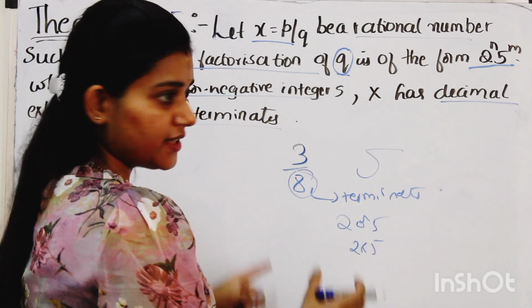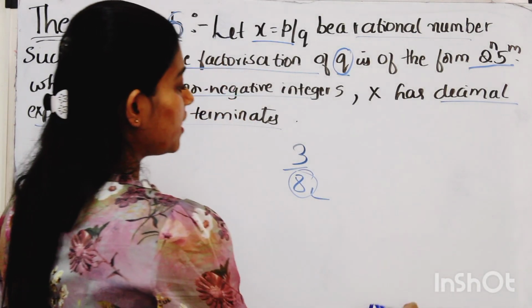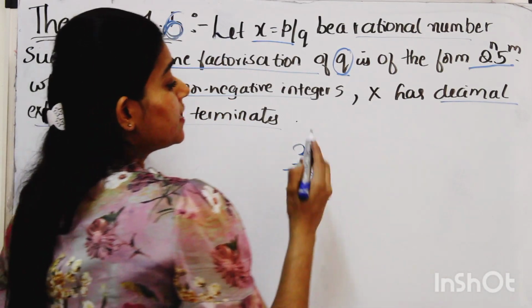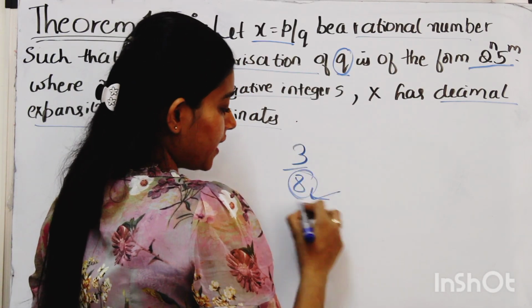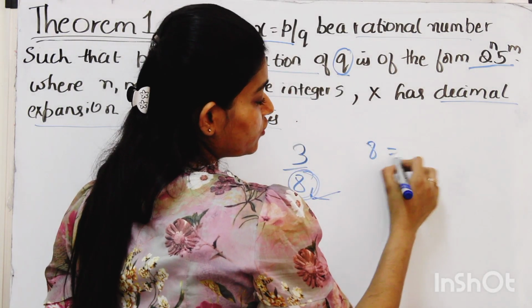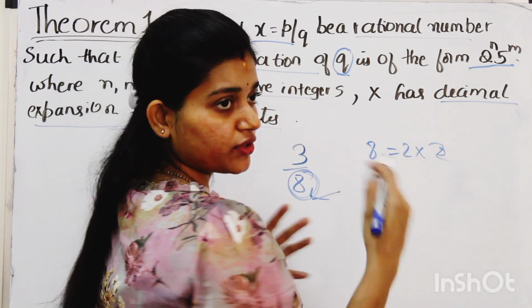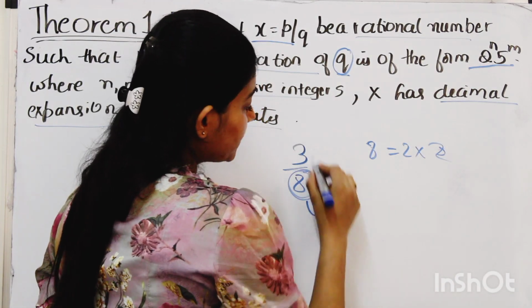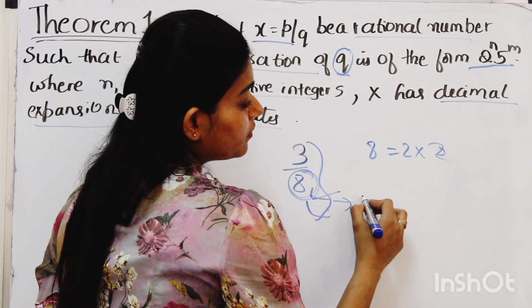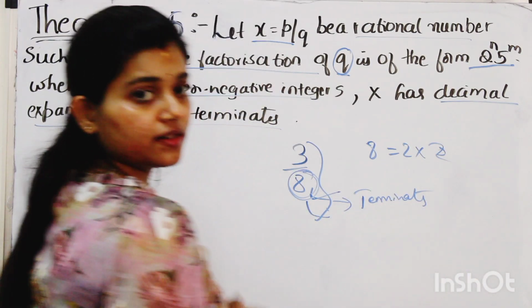But here we have to take a rational number where both are co-prime. First we check the prime factorization of 8. The prime factorization should be in the form of 2 or 5, and then we have to prove that 3 by 8 terminates. So this is the last step, that much only.